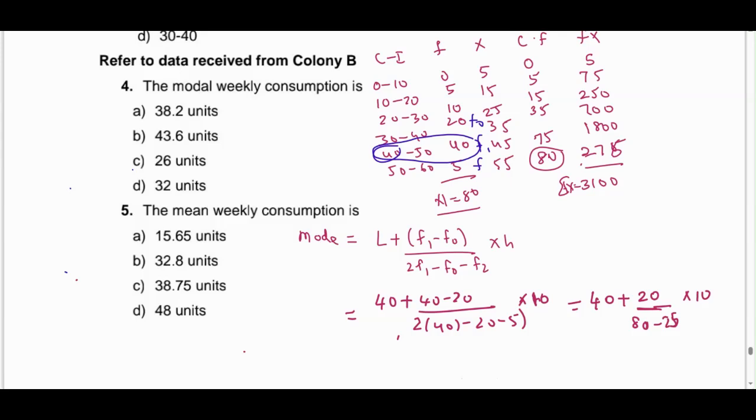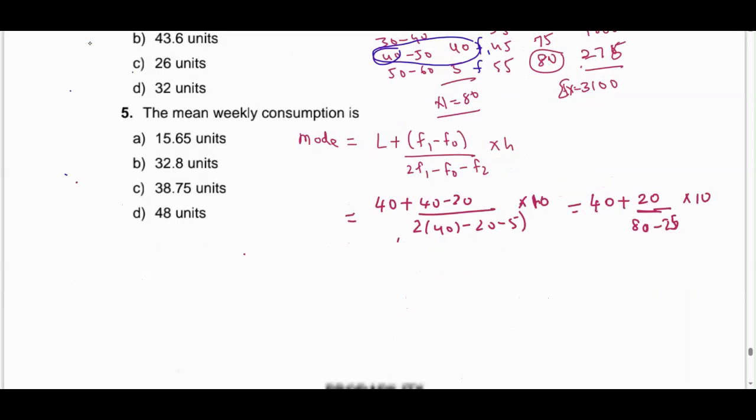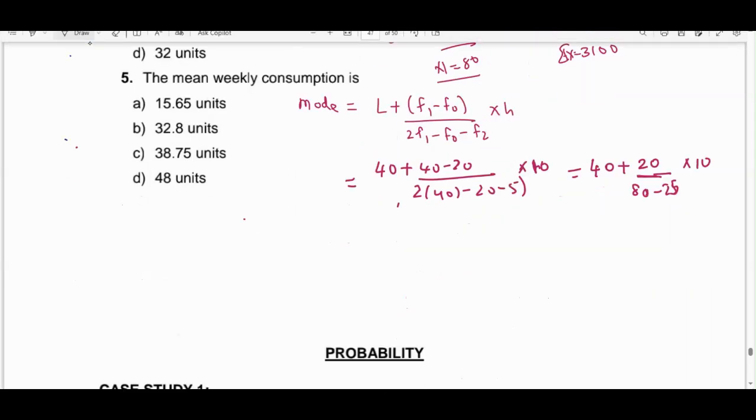So here we get 40 plus 20 divided by (80 minus 25 is 55), into 10.